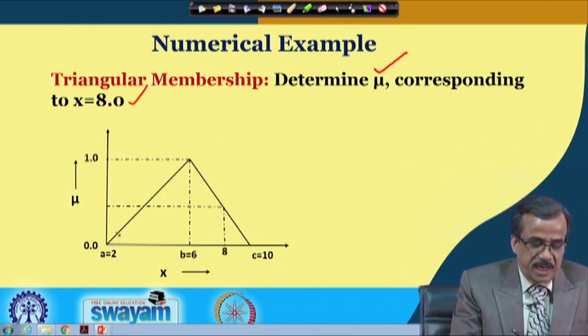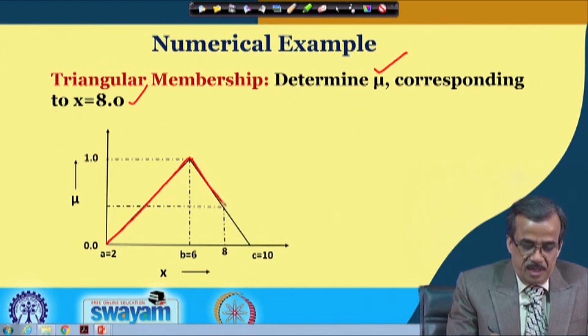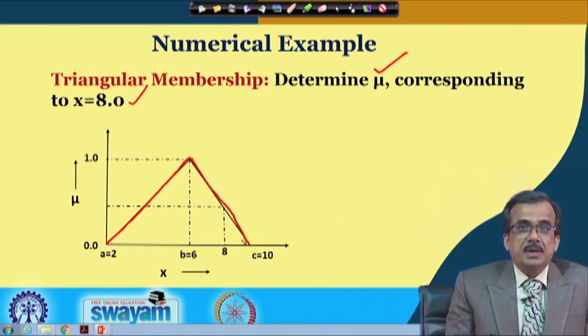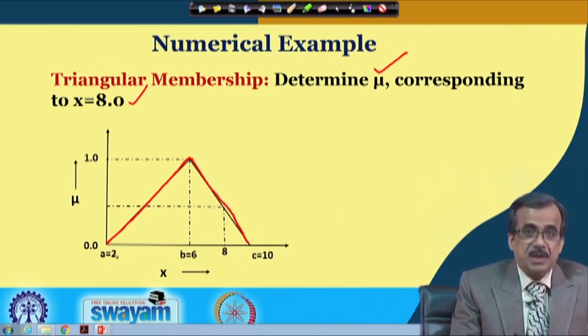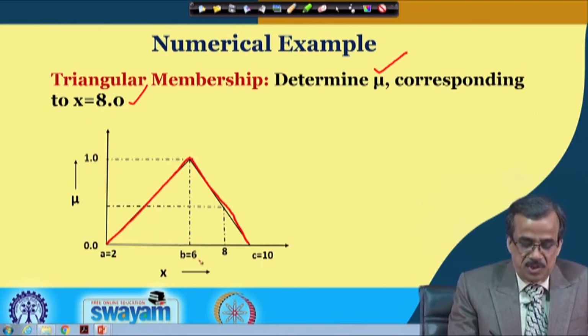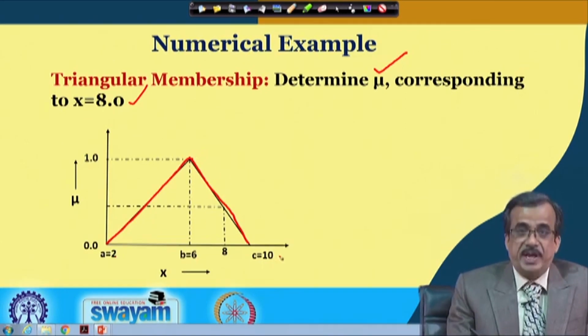Here I am going to consider one triangular membership function distribution, with a equals 2, b equals 6 and c equals 10.